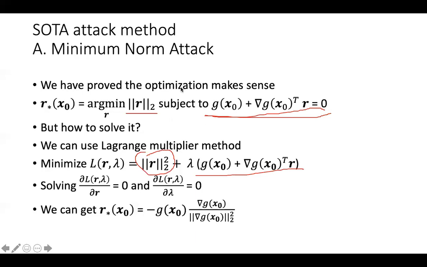We combine the constraint with the original optimization problem. I understand, so this is the original optimization problem. Yes, that's how we combine them. But the problem is this one is 0, so what's the point? We want to express R in terms of what we have. What we have is x0, right? x0 is known, g is known.